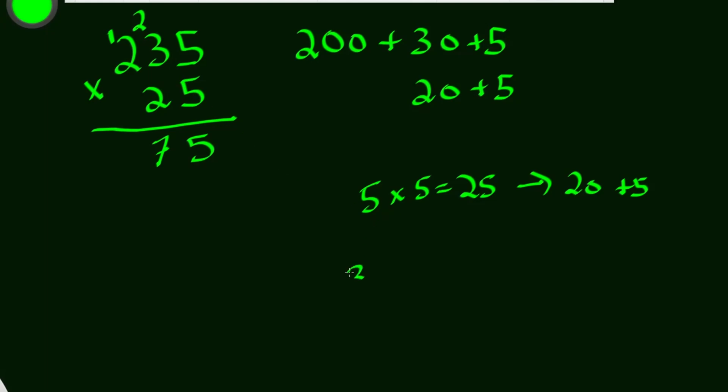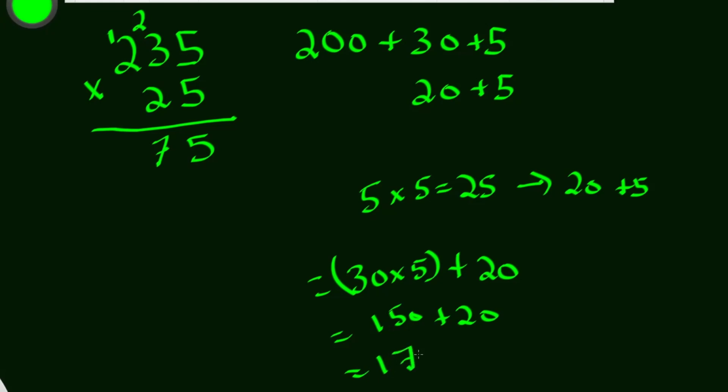Let me put that here. But we need to add, remember, this represents 20. So 30 times 5 plus 20. What does that equal? Well, 30 times 5 equals 150 plus 20, which equals 170.